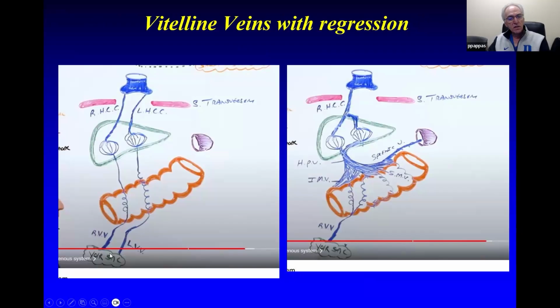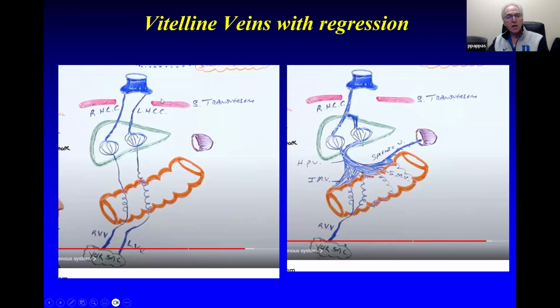Now down here in the yolk sac, you have the vitelline veins. These vitelline veins anastomose to the small intestines. Then they coalesce to form the inferior mesenteric vein, the splenic vein, and then your portal vein. So down here is the inferior mesenteric vein, splenic vein, your portal vein. They anastomose into the sinusoidal veins.